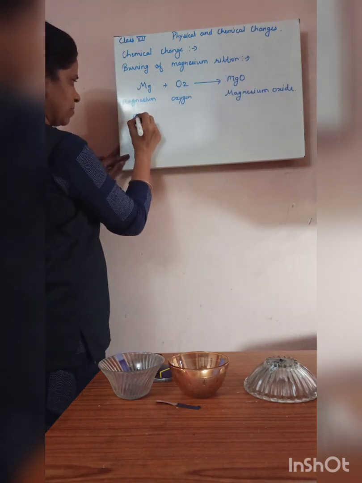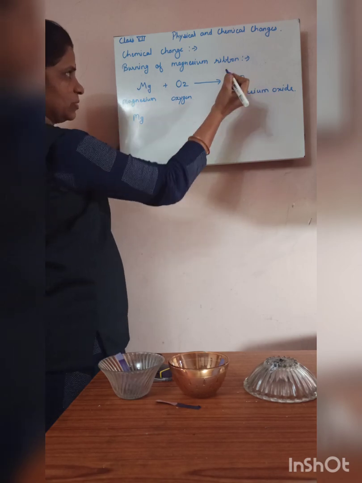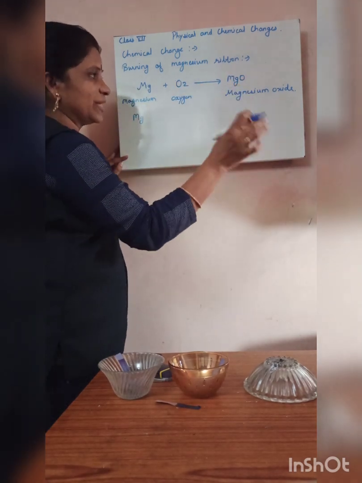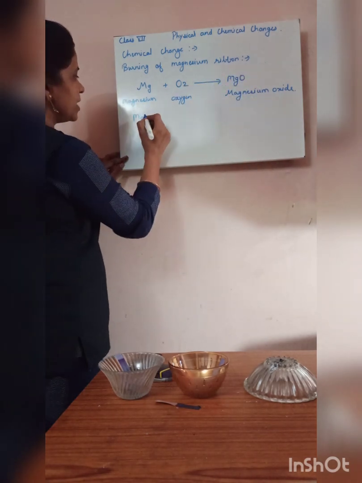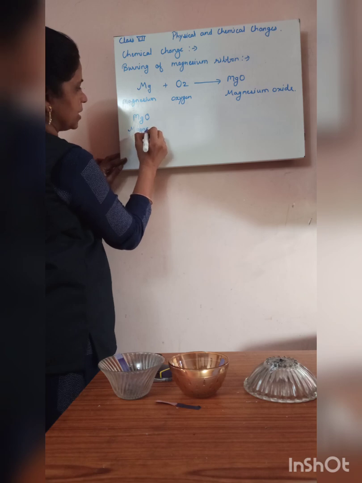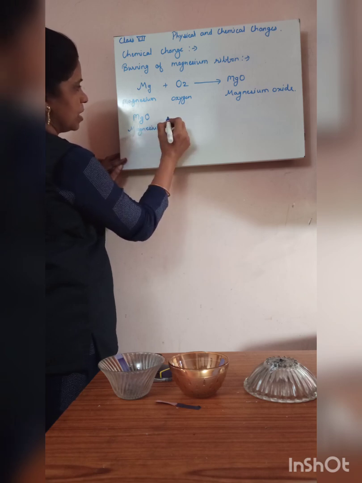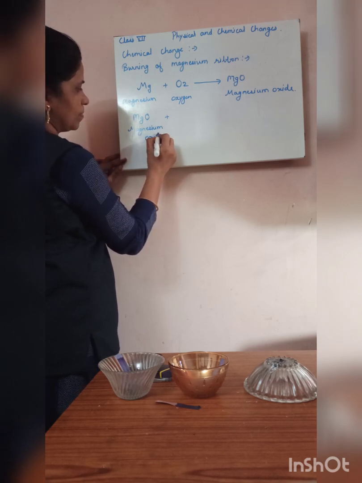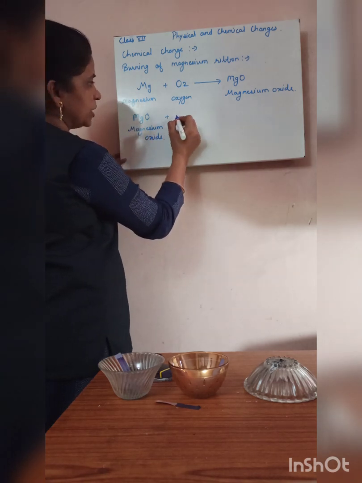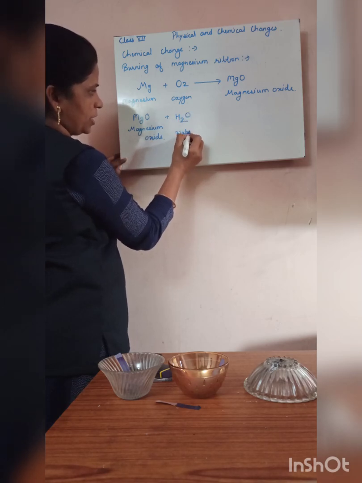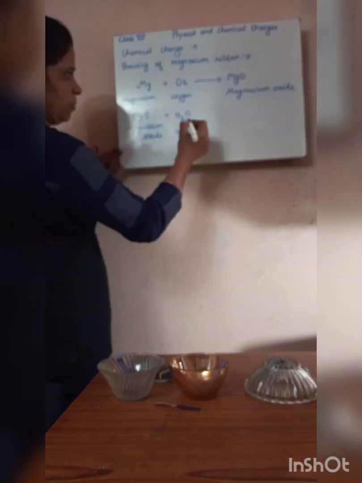Already you have seen that when this ribbon is burned in the presence of oxygen, we got magnesium oxide, that is powdery ash. Then this powdery ash, MgO, magnesium oxide, is dipped in water, H2O.